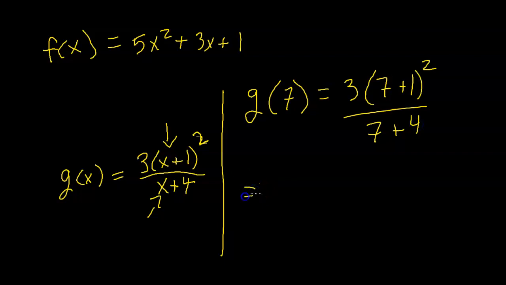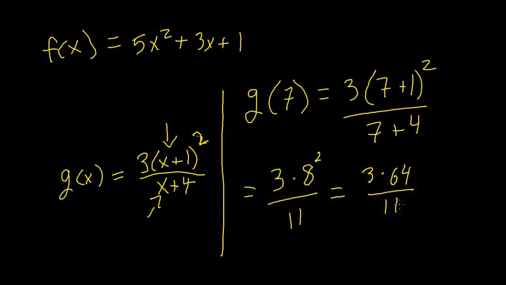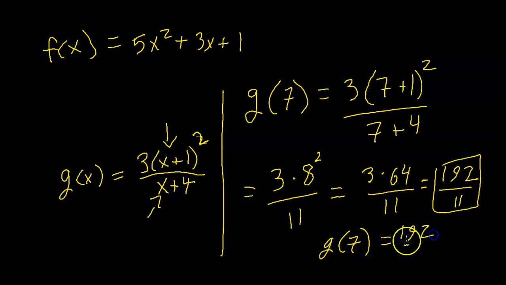So what is 7 plus 1? 7 plus 1 is 8. So this is going to be 3 times 8 squared divided by 7 plus 4, which is 11. Let's evaluate this numerator. 3 times 8 squared is 3 times 64, that's going to be 192, over 11. And that's a perfectly good answer. So that means the value g of 7 is 192 over 11.